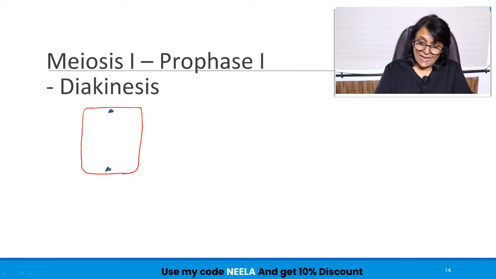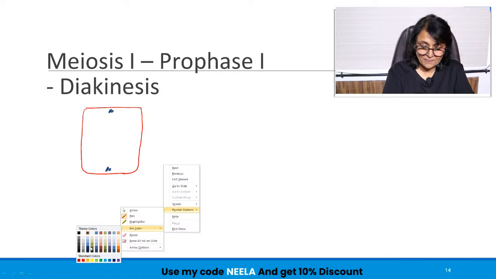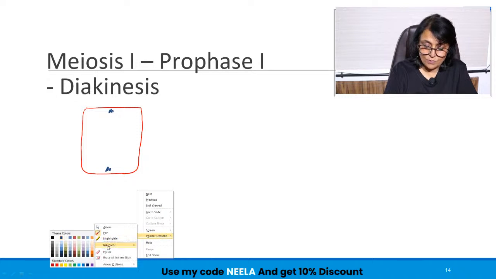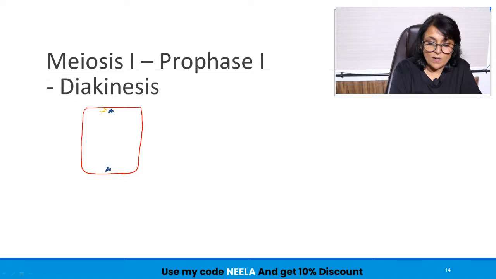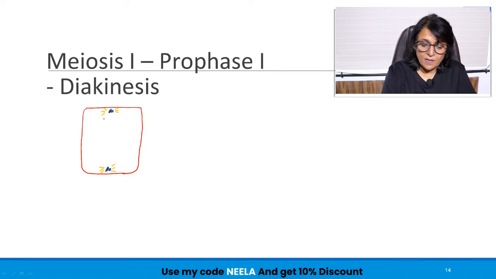Okay? Aster rays and spindle fibers would appear. Okay, we'll have to use a different color for our spindle fibers. The smaller rays are the aster rays, and then we will see the spindle fibers.